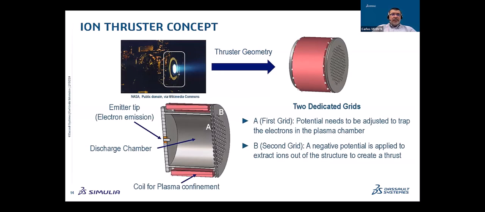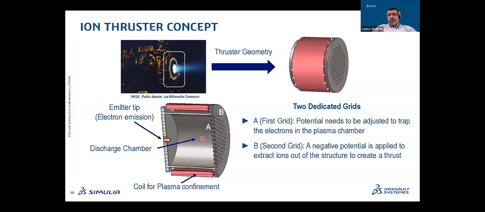Okay, so basically the thruster is constituted of a plasma chamber, okay, where you have really a discharge, okay? You have a gas, and then there is a discharge inside because you are producing ionization of a neutral gas. The neutral gas is being inserted into the chamber, of course. Okay.